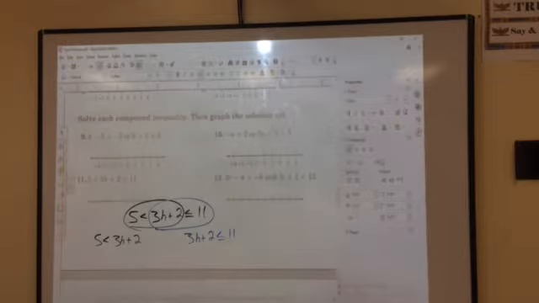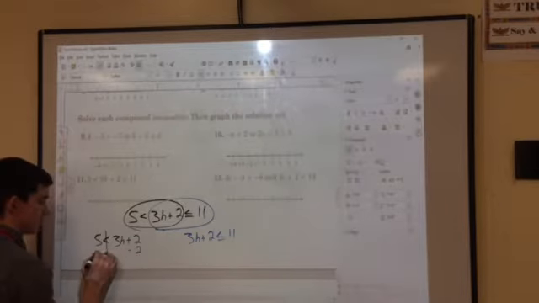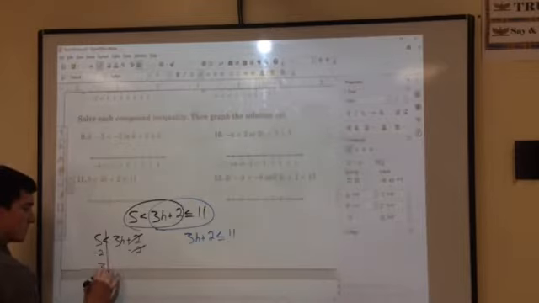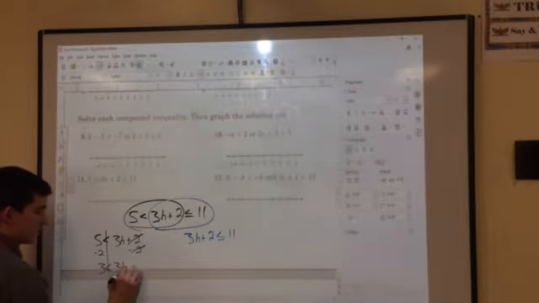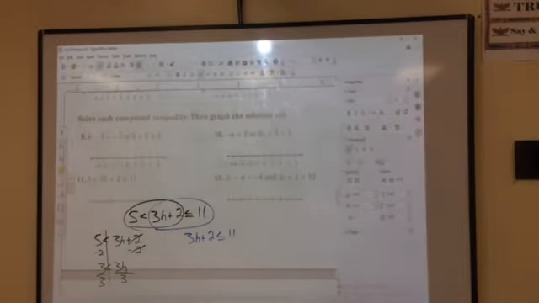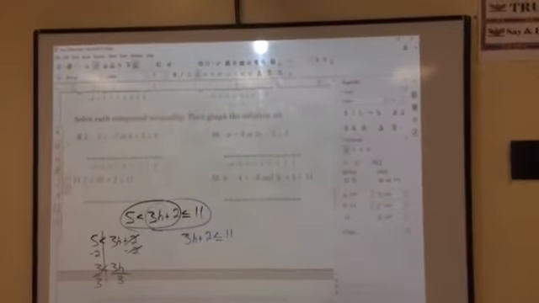So now it's just like the one above it. You need to solve both of these. So we're going to subtract 2. Remember the order of operations. So we got 5 minus 2 is 3, less than 3h. I'm going to divide by 3. And I hope you can see that on this video. Barely.